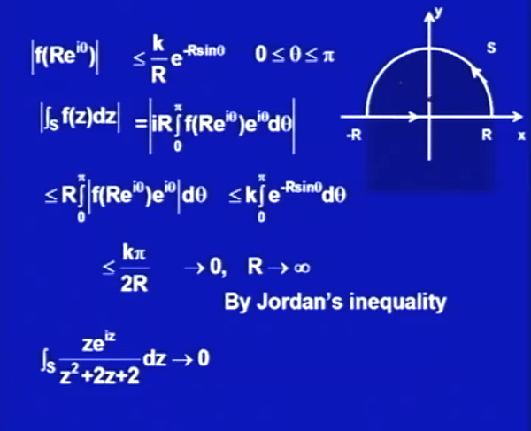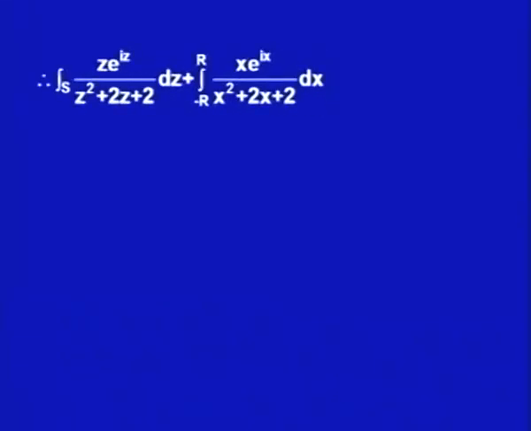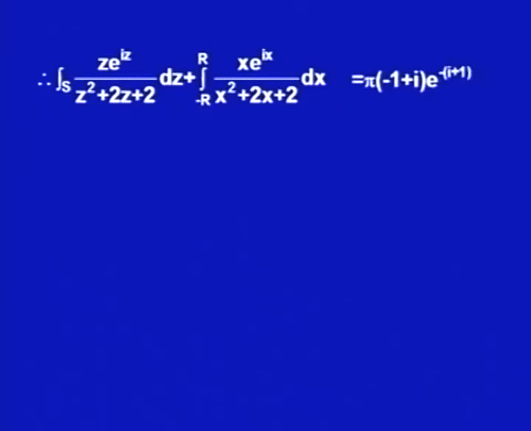Now, if we use this, we have got the result. What we have obtained is the integral along the semicircle S of the function z e to the power iz upon z square plus 2z plus 2, plus the integral along the real line from minus r to plus r of x e to the power ix upon x square plus 2x plus 2 dx. By the first result, this is pi times minus 1 plus i into e to the power minus 1 plus i.